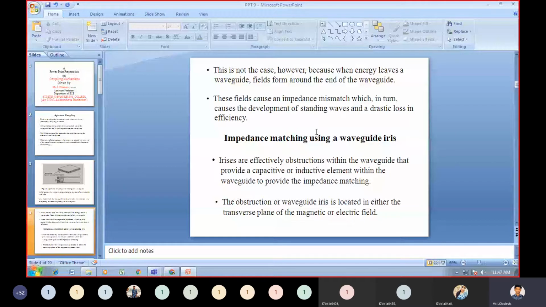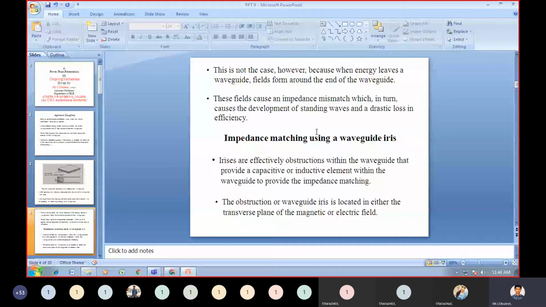These fields cause an impedance mismatch, which in turn causes the development of standing waves and a drastic loss in efficiency. If the impedance mismatch happens in the fields and in turn creates standing waves, what will happen? Some losses in the efficiency will happen.